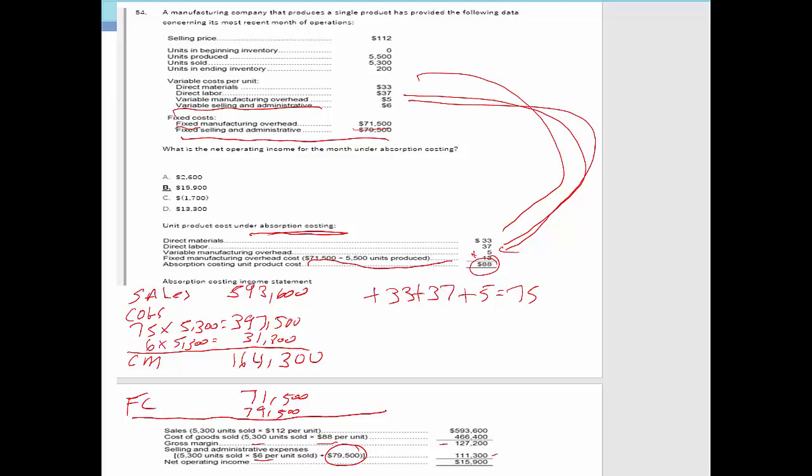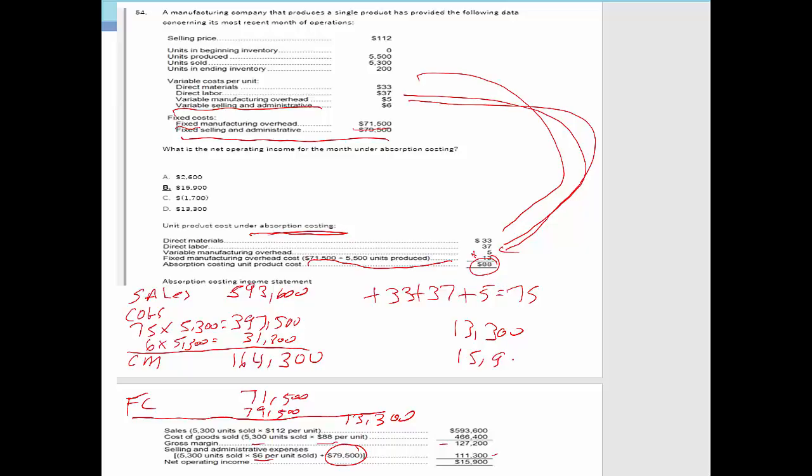And that gives me a difference of 13,300. Okay, so for variable, what am I doing? For variables, I get 13,300, and for what? For absorption, I got 15,900.